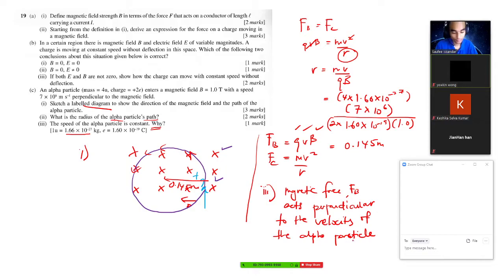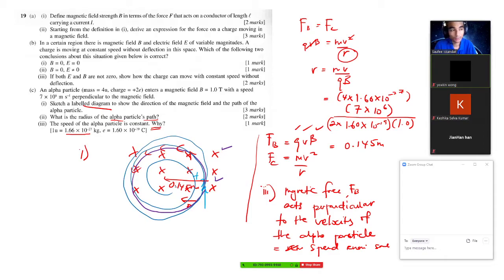Therefore, the speed remains the same throughout the motion, unless we change the angle between the velocity and the magnetic field. Then there will be a change of speed. What actually happens is this alpha particle will be moving in a spiral. In the real world, it will be moving in a spiral shape.